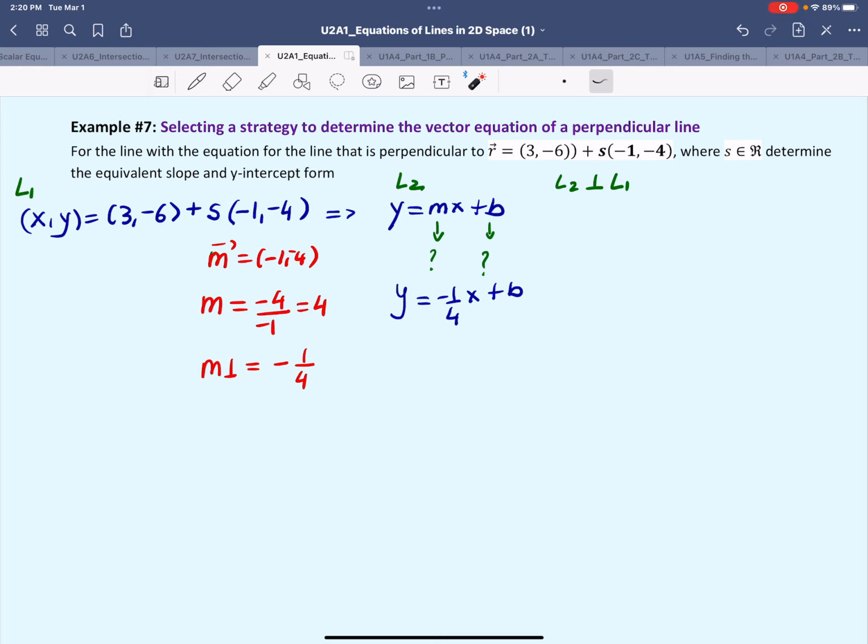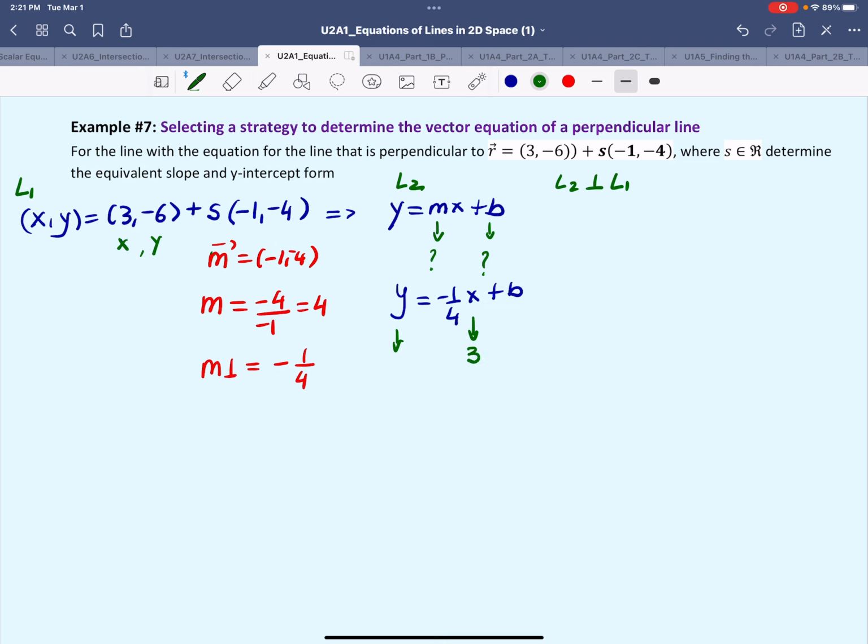Since we're not asked for a specific line, but for any perpendicular, we can choose to draw the perpendicular exactly at the head of the direction vector here, 3, negative 6. So we can use the coordinates x and y of the vector form of this equation and substitute them into the slope y-intercept form of the perpendicular to it.